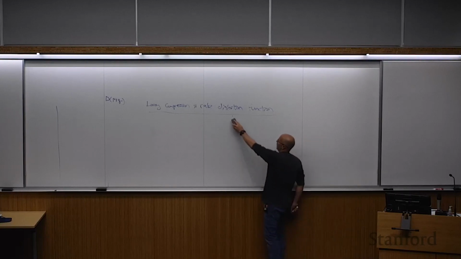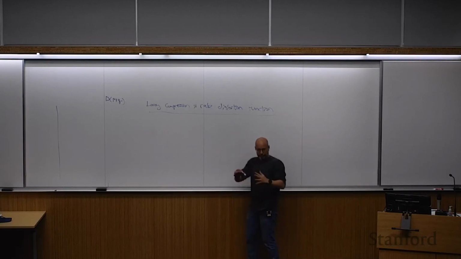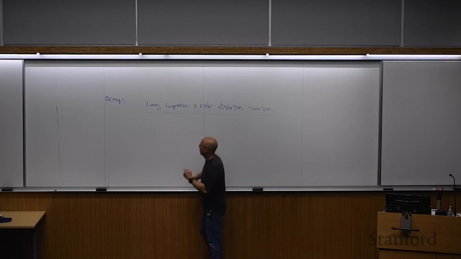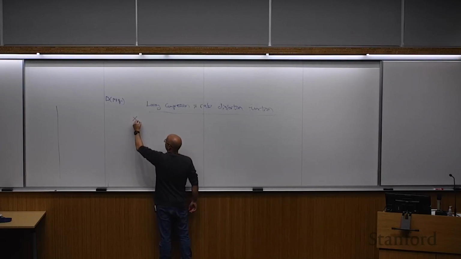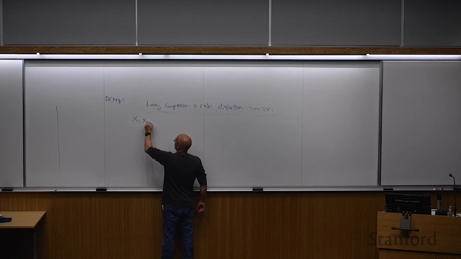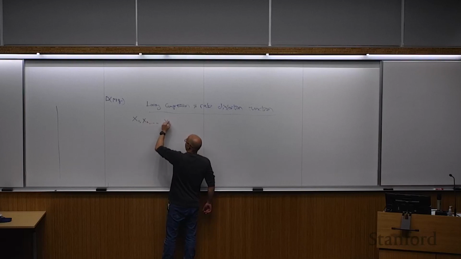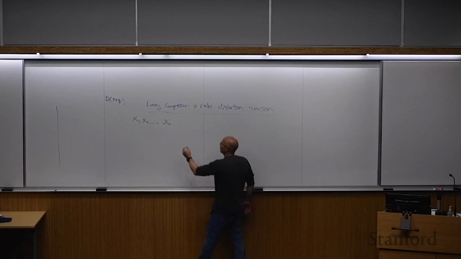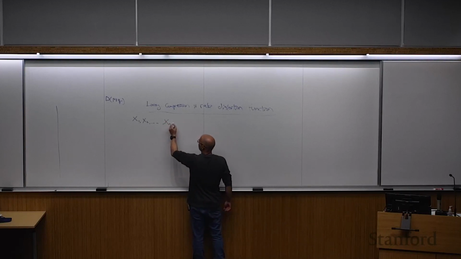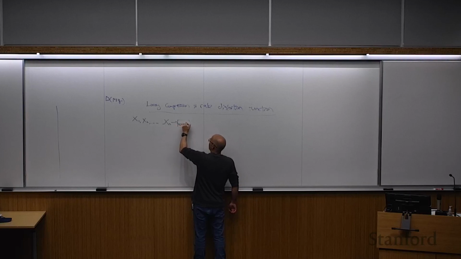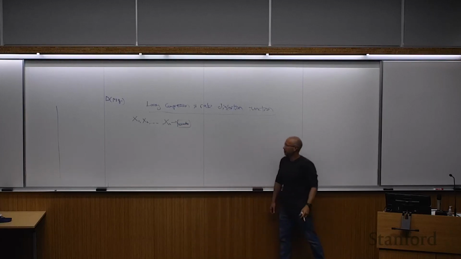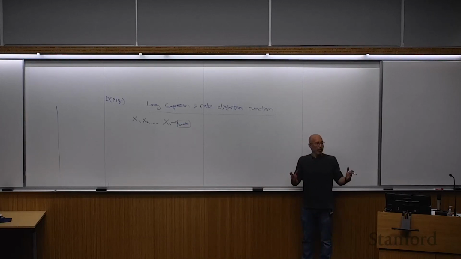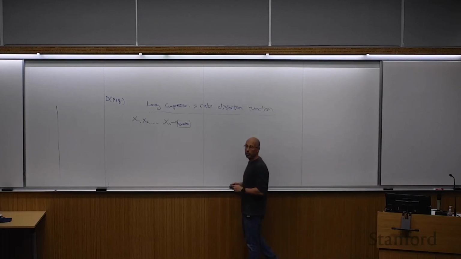So let's say I have n source symbols that I want to represent: x1, x2, up to xn. I'm going to encode them, so I'm going to design an encoder that represents this n-tuple in, hopefully, not too many bits.